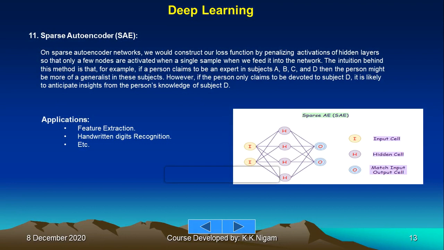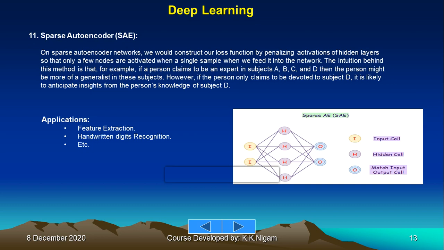Sparse autoencoder, SAE. In a sparse autoencoder network, we construct our loss function by penalizing activations of hidden layers so that only a few nodes are activated when we feed a single sample into the network.